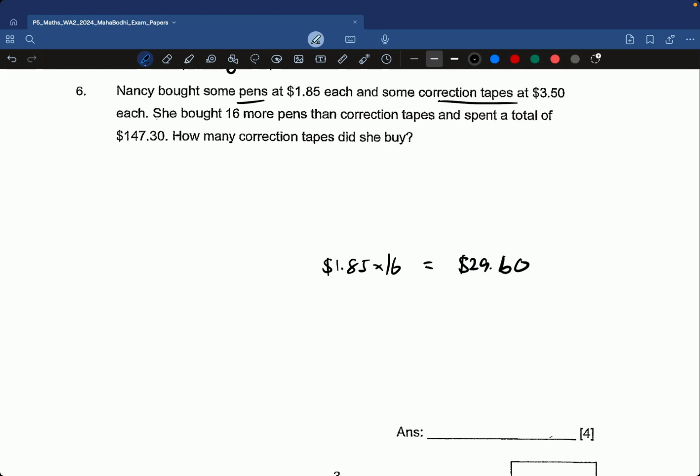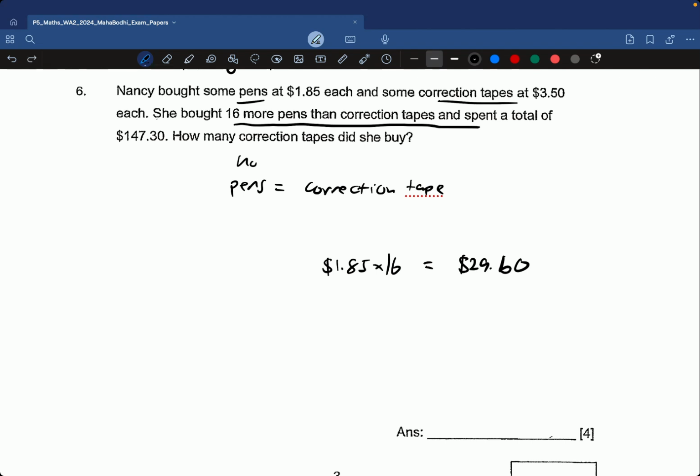When you read this statement, it basically says pens equals correction tapes plus 16. So if we were to remove the 16 pens, which cost $29.60, we have the same number of pens as correction tapes.